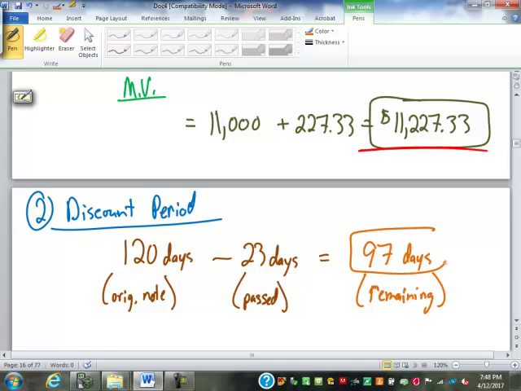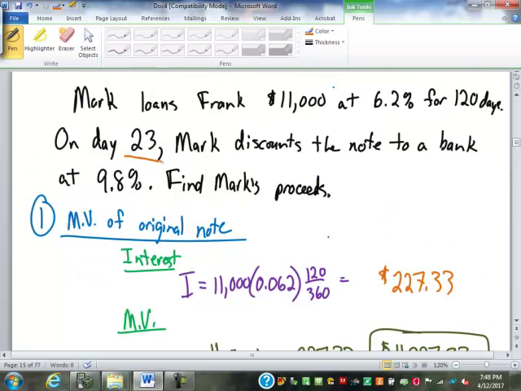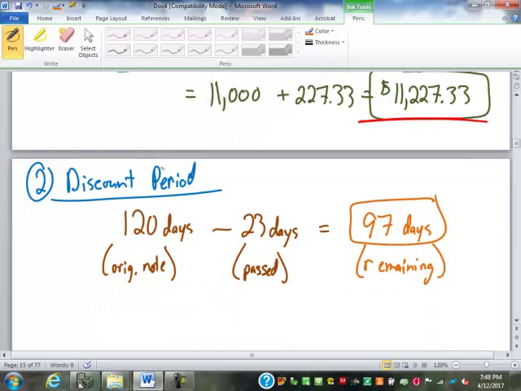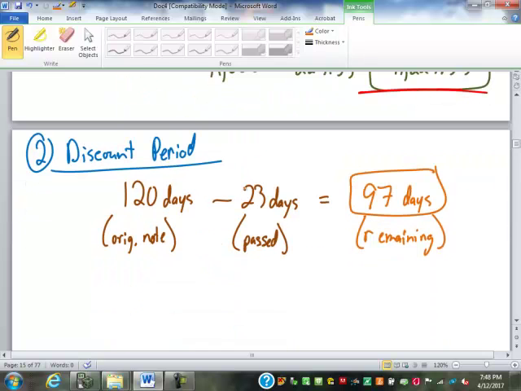Remember that 97 days, that's how long the bank is going to be holding that note until they get repaid. So that is our discount period, 97 days.